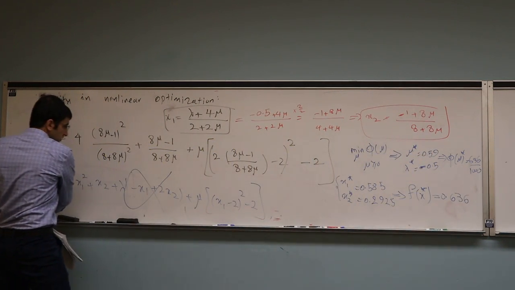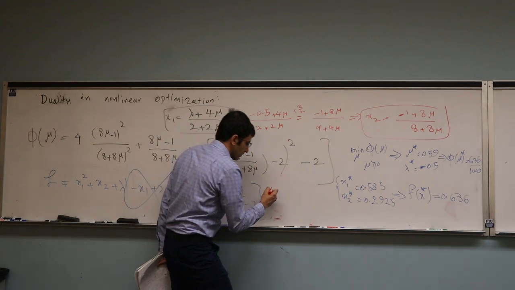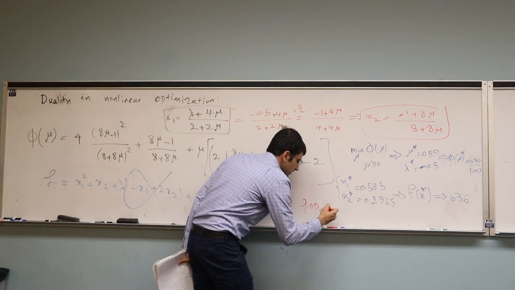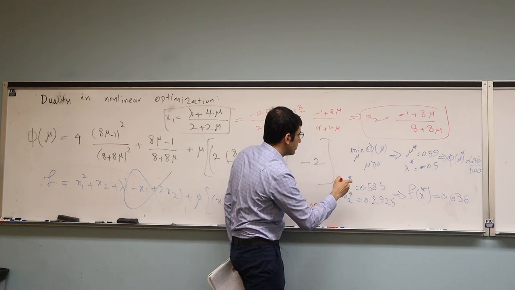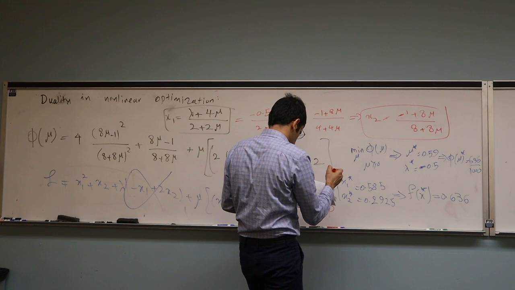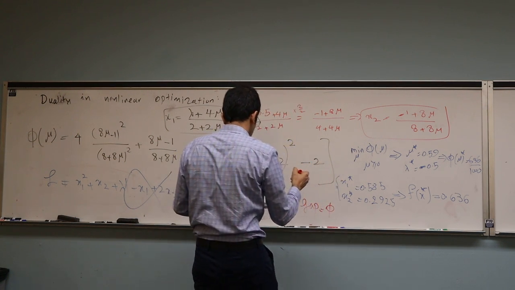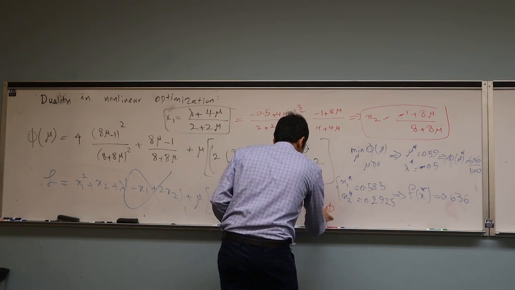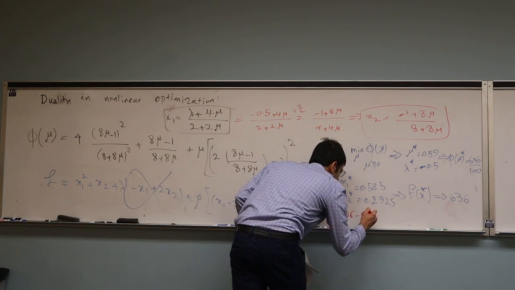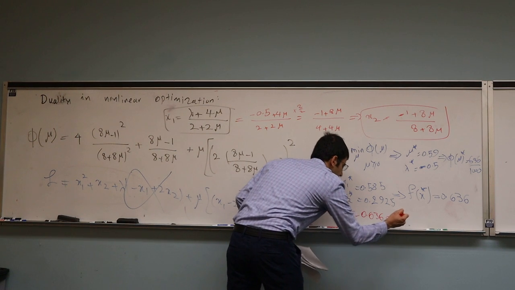What it means is that the duality gap is equal to 636 minus 636, which is equal to 0.